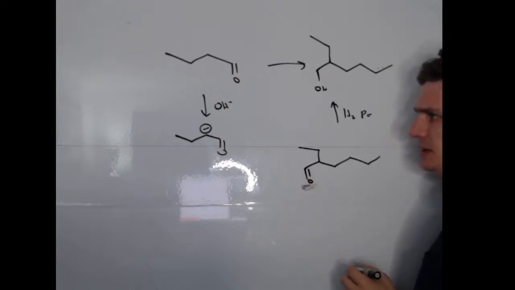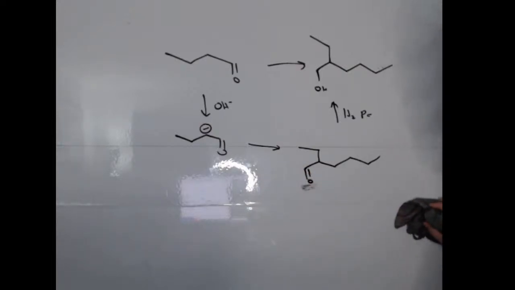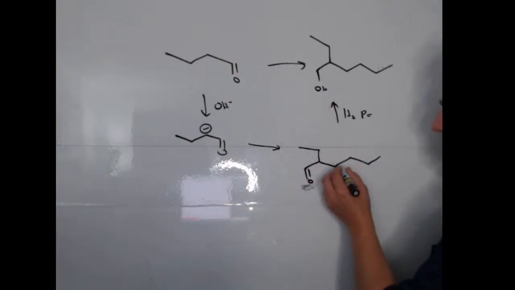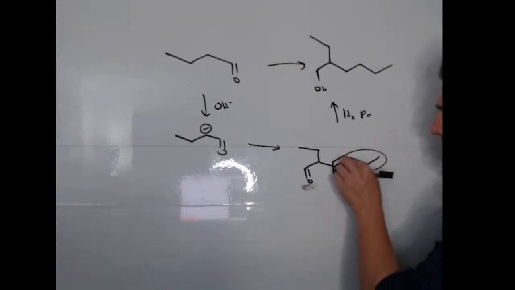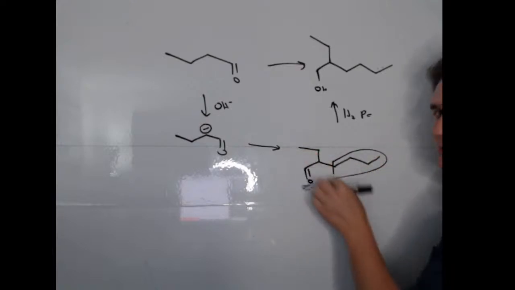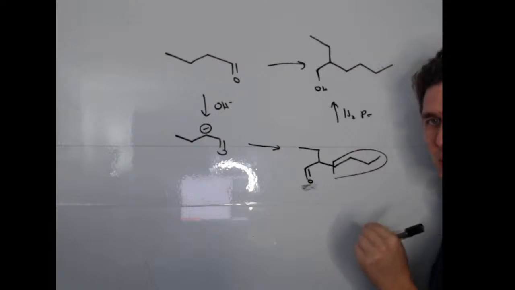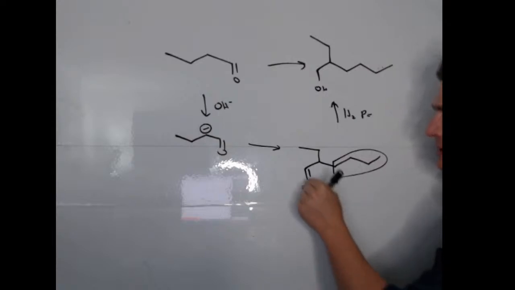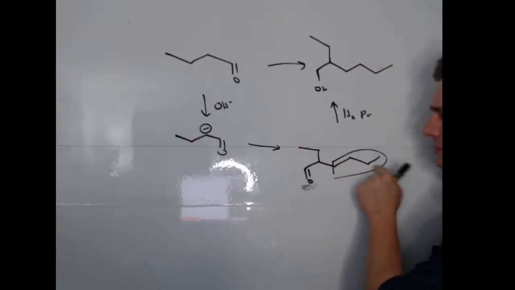So that would be hydrogenation, but this is weird because I think they're wrong about the name of the product. So we have 1, 2, 3, 4, 1, 2, 3. I think they have named the product incorrectly for this problem, because I get where they're going at. This is 1, 2, 3, 4, 1, 2, 3, 4.